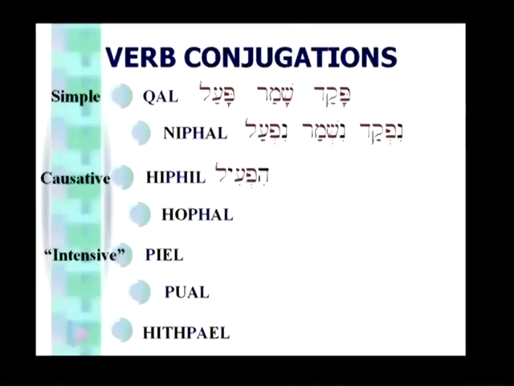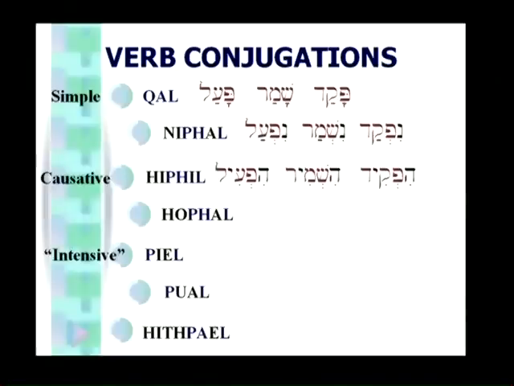The hifil. Hifil, he caused to make. That's why we call it causative. Hishmir, he caused to keep. Hifkid, he caused to visit. Notice again, if you can pronounce the name of the conjugation, hifil, the sound of the verbs are the same. Himlik, he caused to reign.